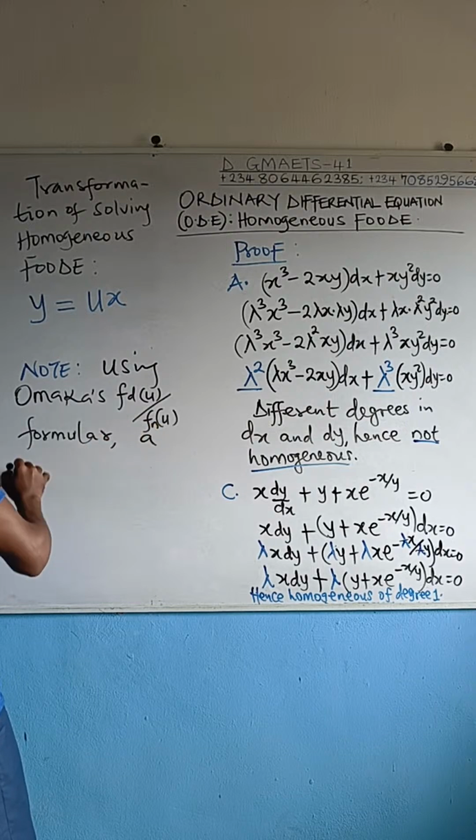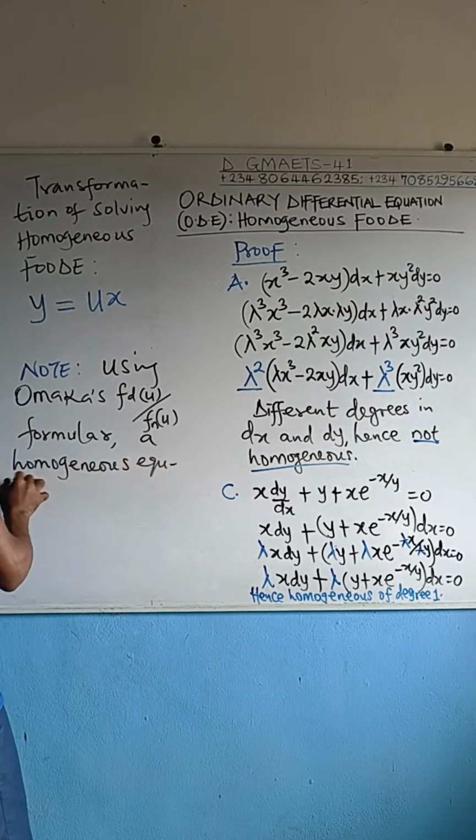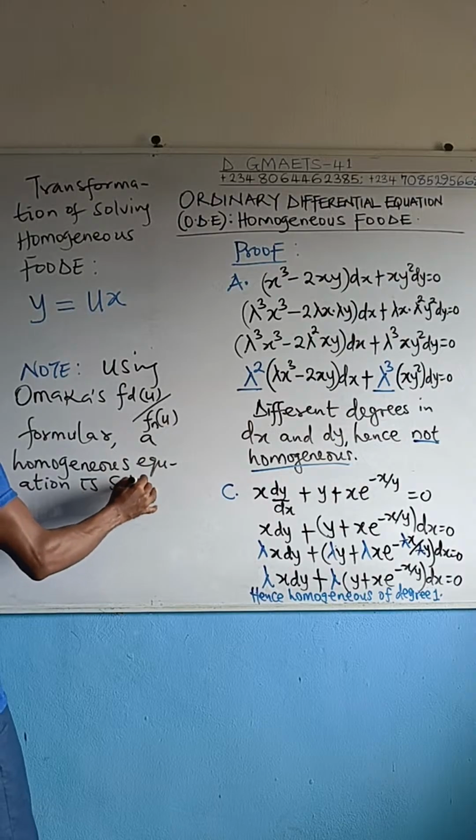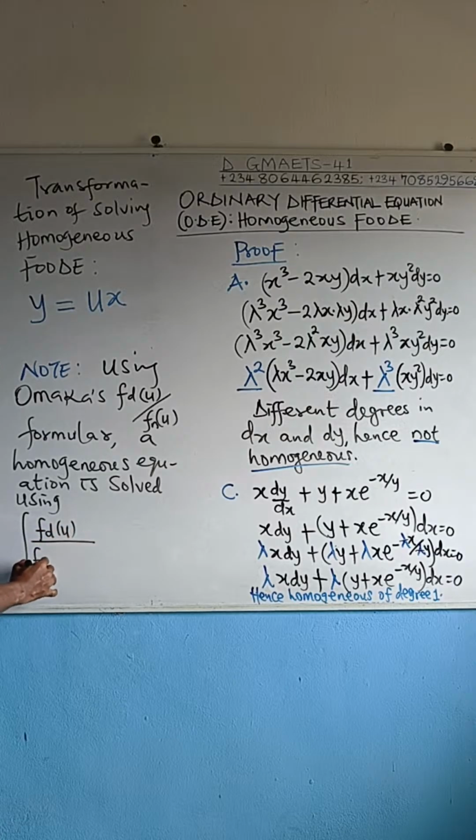A homogeneous equation is solved using the integral of FD of u all over Fn of u minus u times FD of u.